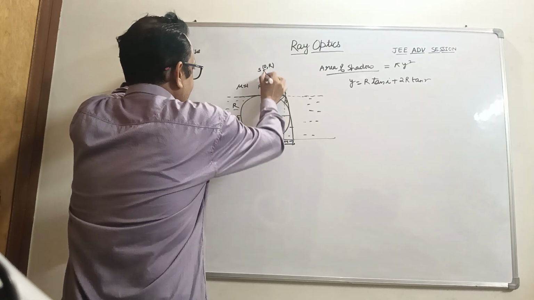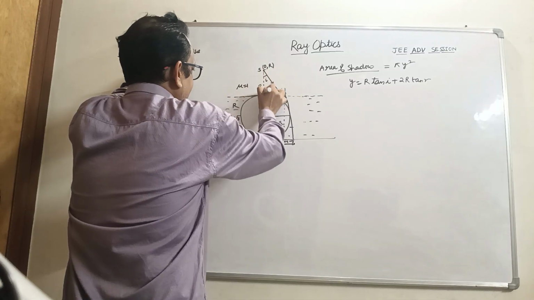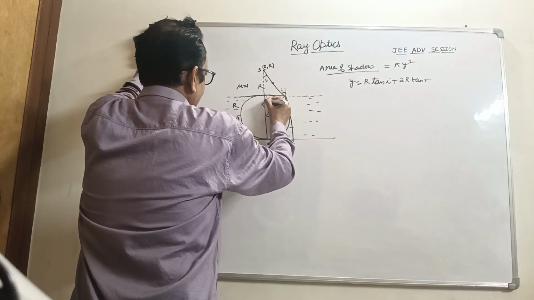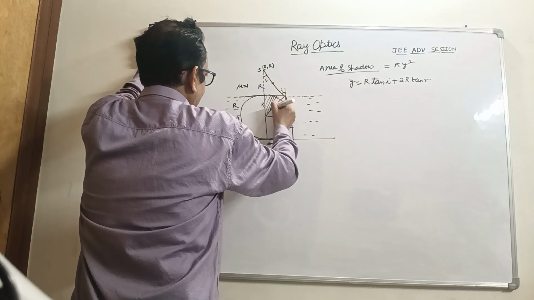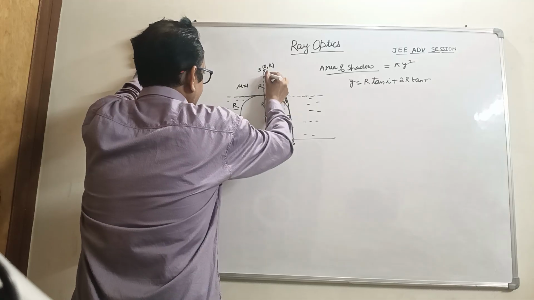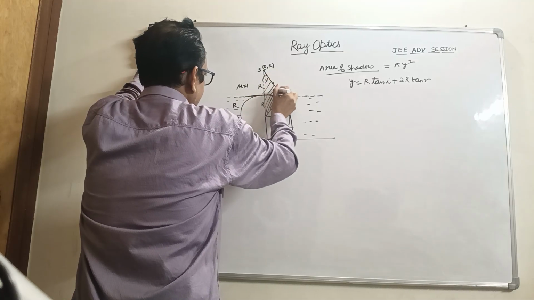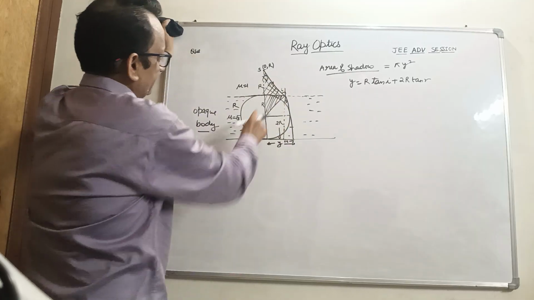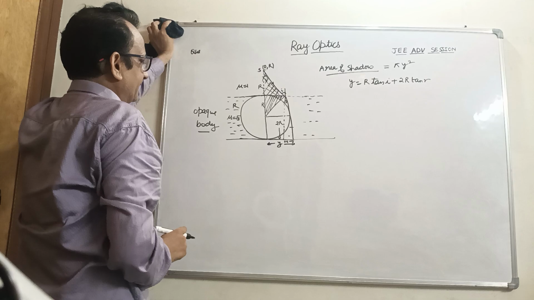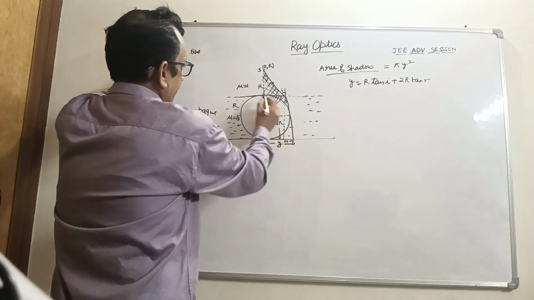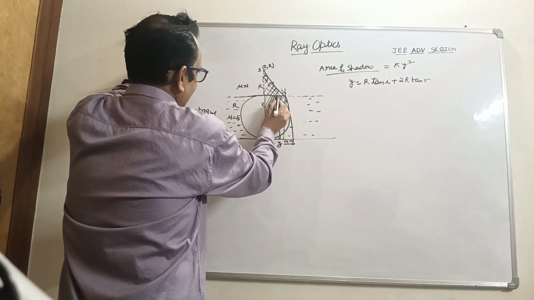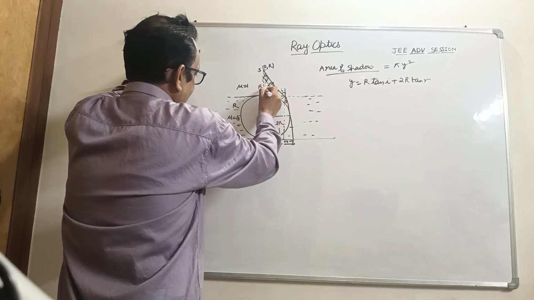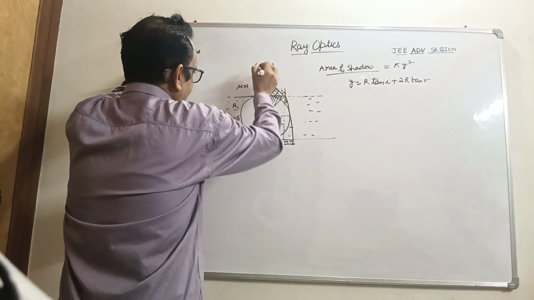This triangle and this triangle, whole triangle, and this triangle are congruent because the common tangent is here, and the length of this is r by the common tangent, and this is also r.